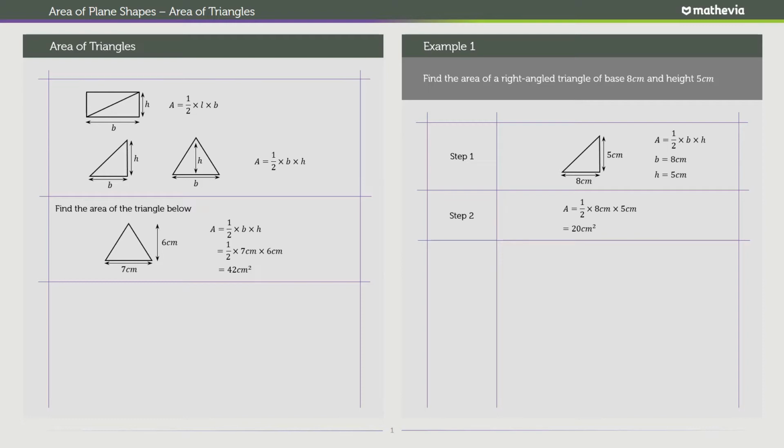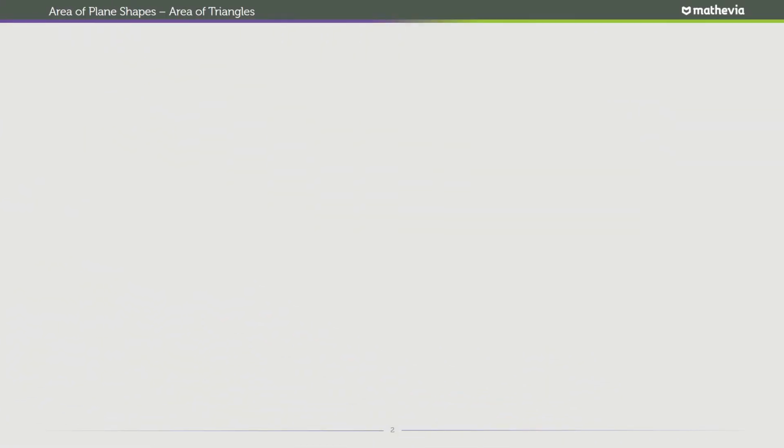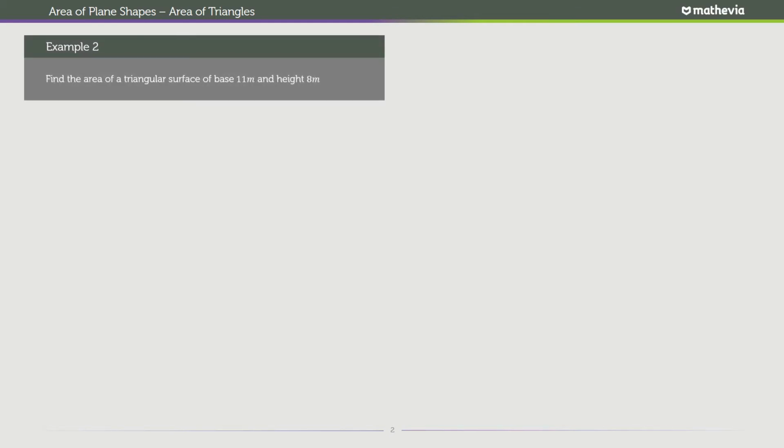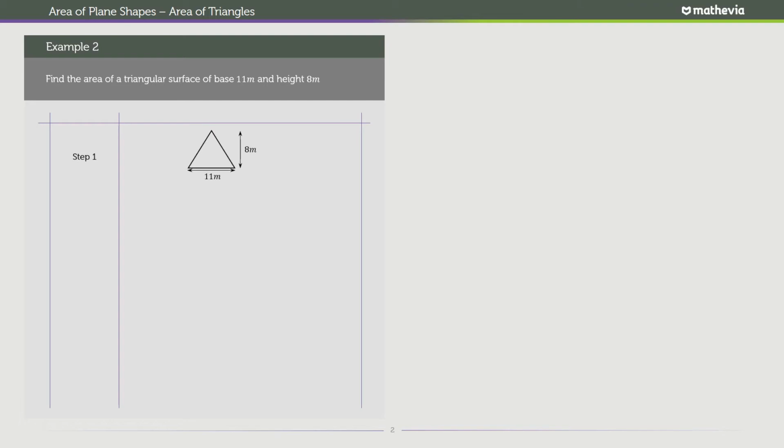Let's move on. Example 2. In example 2, we have that find the area of a triangular surface of base 11 meters and height 8 meters. So remember, we're just going to multiply the 2 and divide by 2. We have our triangle, base 11 meters, height 8 meters. And area is half base times height.